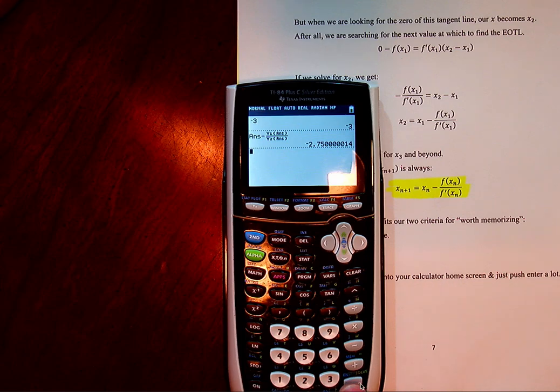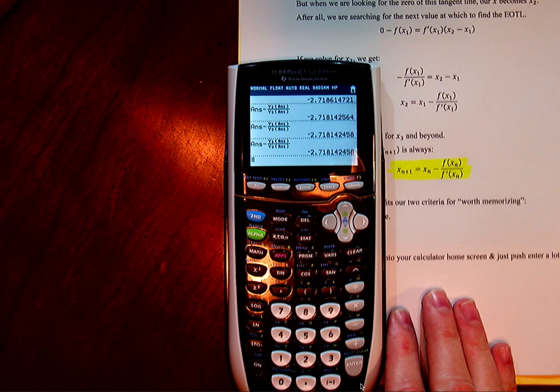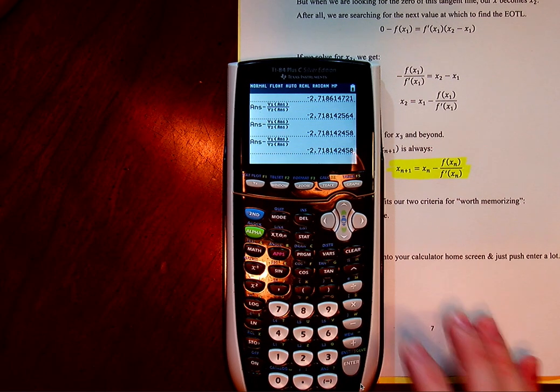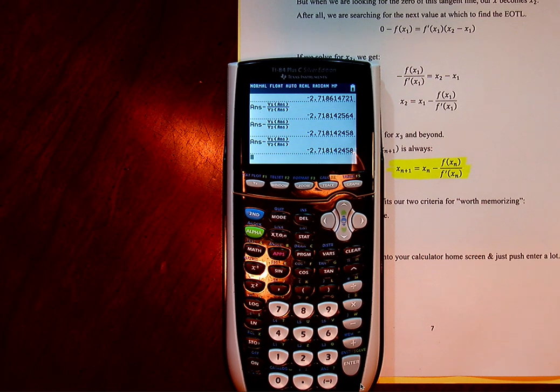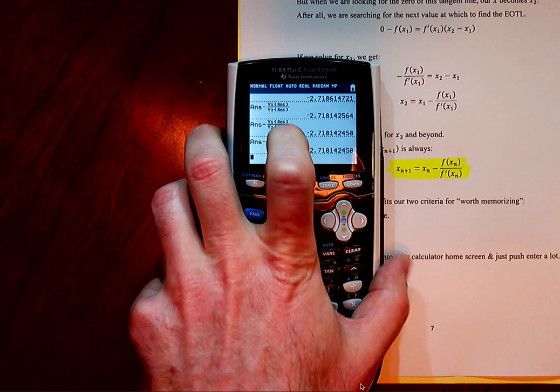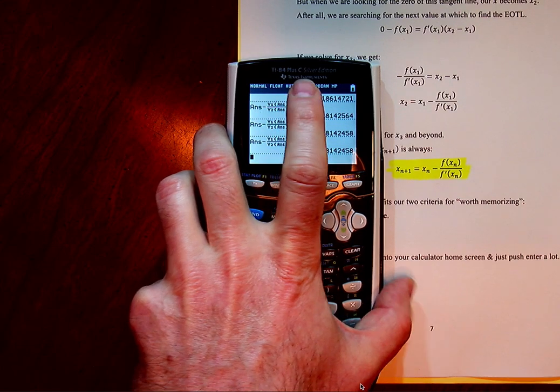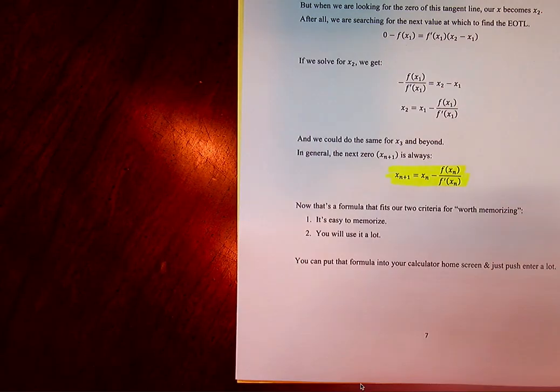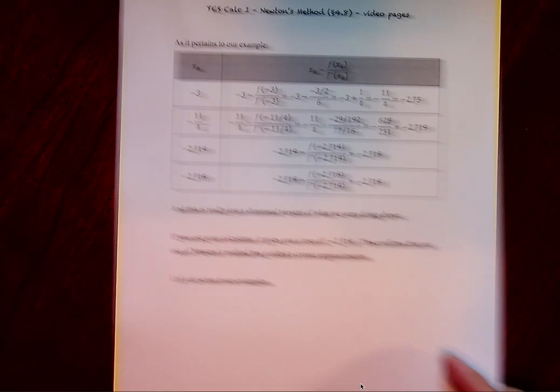Here's the fun thing. Not only is that going to give me my next approximation, and again, and again, I really just have to start pressing enter, enter, enter, until such time as the numbers stop changing, and the numbers stop changing right about there, okay? Now, I will give you a chart to fill in, so I do want you to keep track of those, okay?